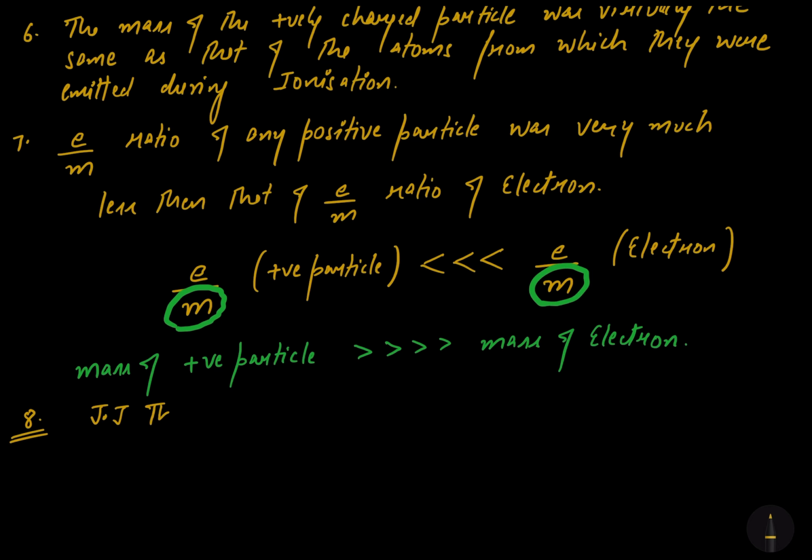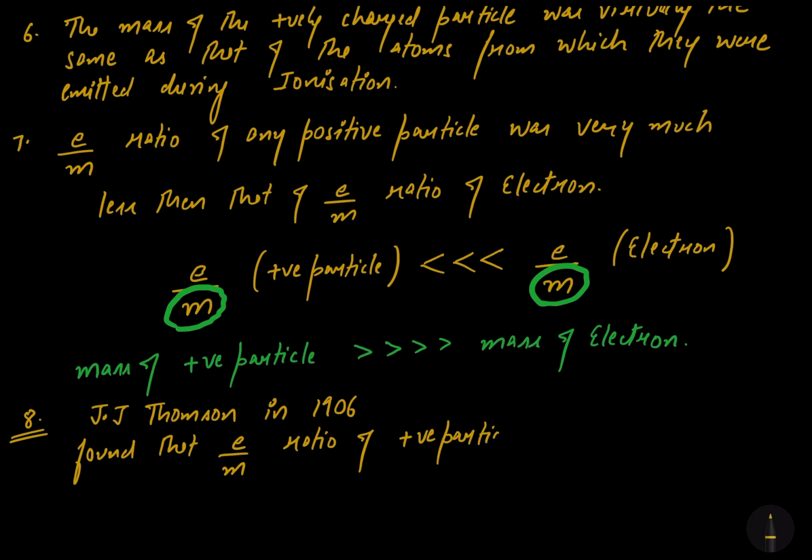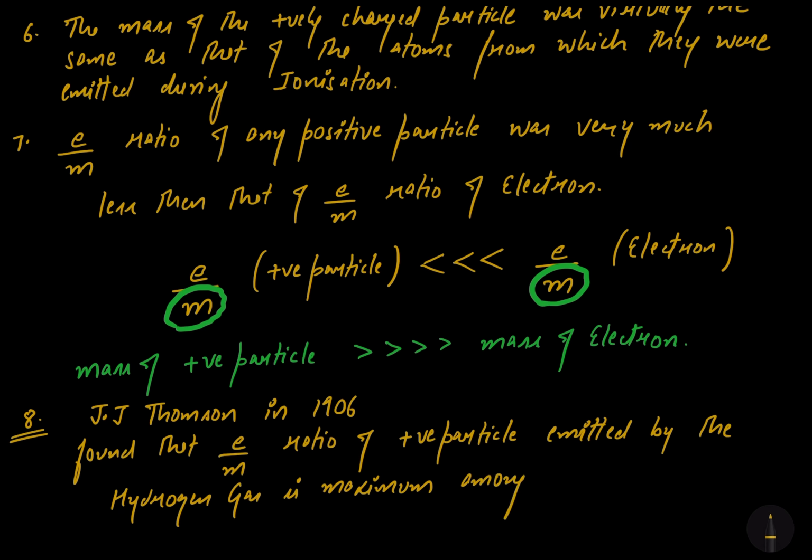J.J. Thomson in 1906 found that the charge to mass ratio of positive particle emitted by hydrogen gas is maximum among all gases.